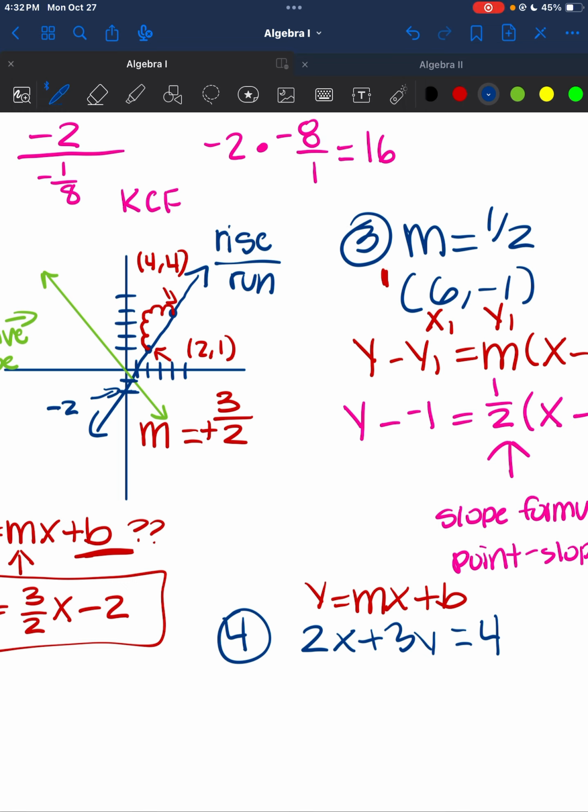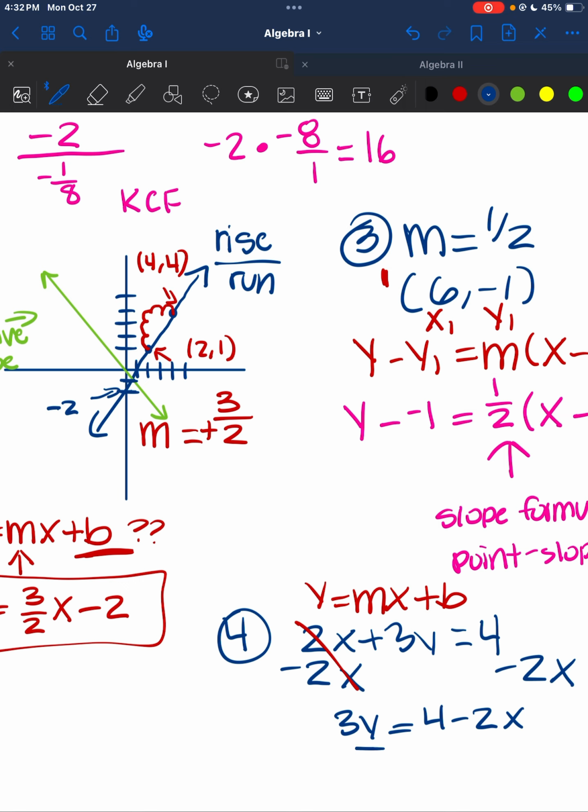To do that, I have 2x plus 3y is equal to 4. I'm going to subtract 2x on this side, subtract 2x on this side. These 2 values are going to cancel because I have a positive 2x minus a 2x. This gives me 3y is equal to 4 minus 2x. 3y is the same thing as saying 3 times y.